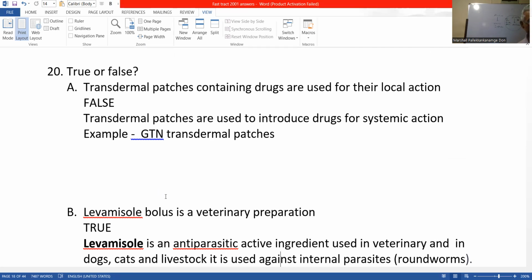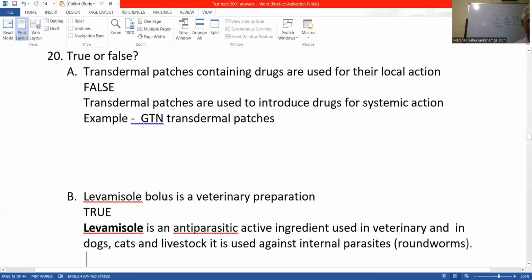GTN is a good example. Estrogen is given this way. Some family planning drugs are given in patches. Hormone therapy. So this is false.